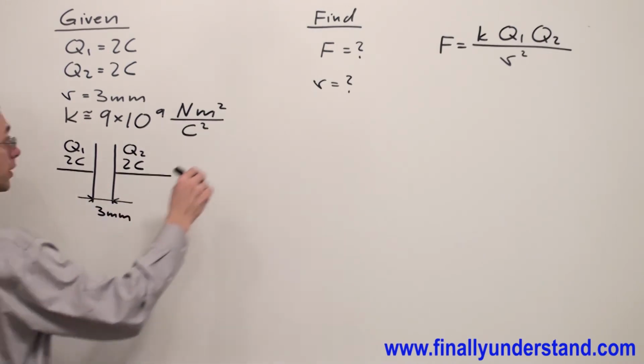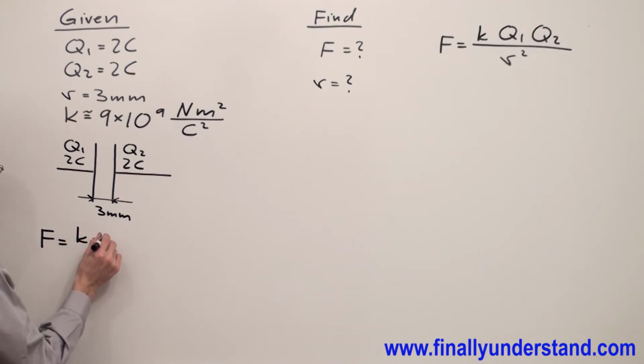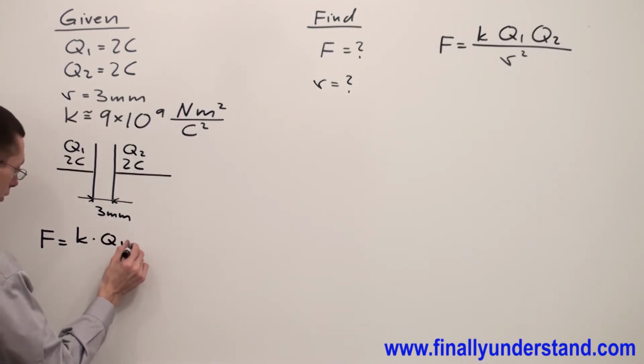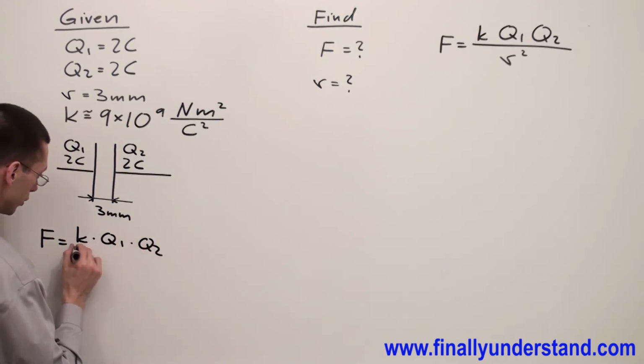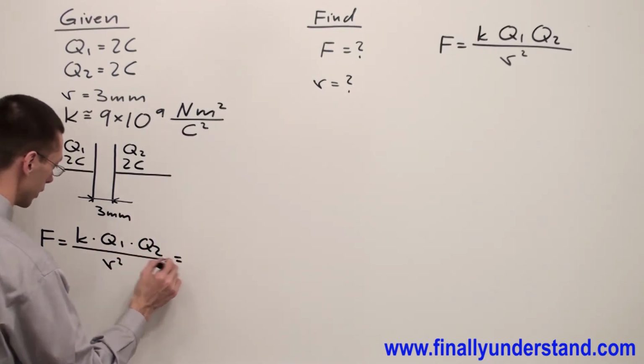The formula says F is equal to the proportionality constant times Q1 times Q2 over the distance square.